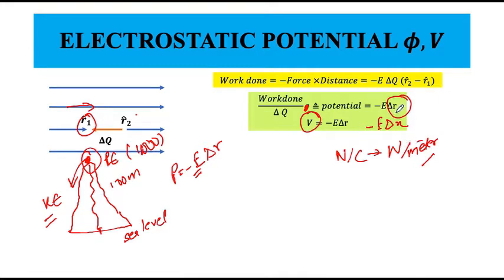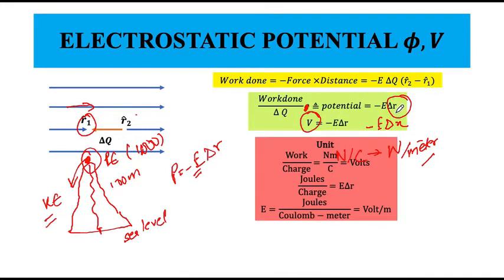So you have work done per delta Q, where Newton times meter is work done, and charge is given by coulomb. Work done per charge will be Newton meter per coulomb.